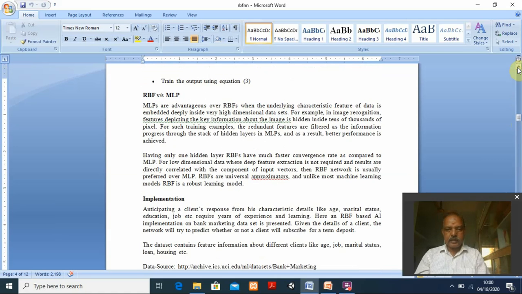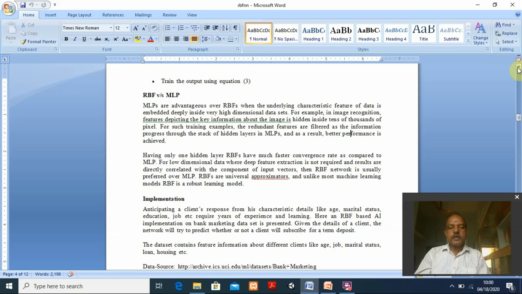Now we train our output using equation 3. So this is all about the radial basis function neural network, and how it follows the Euclidean distance from the K-means algorithm. Then we are going to discuss the comparison between the radial basis function and the multilayer perceptron.